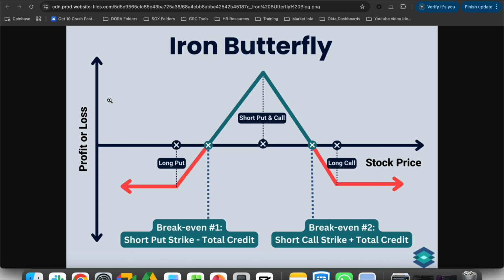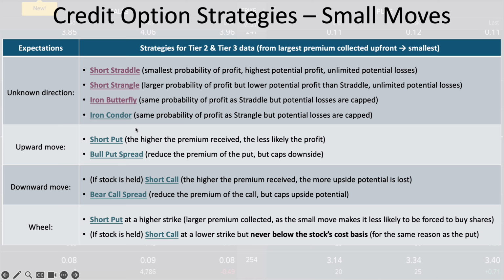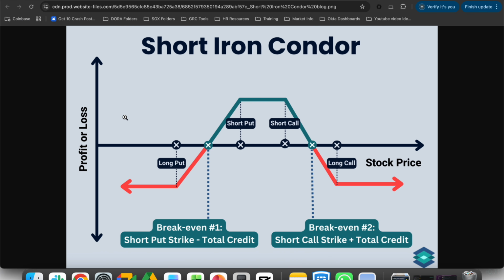Iron butterfly is the same as a short straddle, but again, because you want not to be exposed to unlimited losses, you buy a call and then you buy a put, which are further out of the money. But because you bought them, you get less premium, but basically you are more protected and you are no longer exposed to unlimited losses.